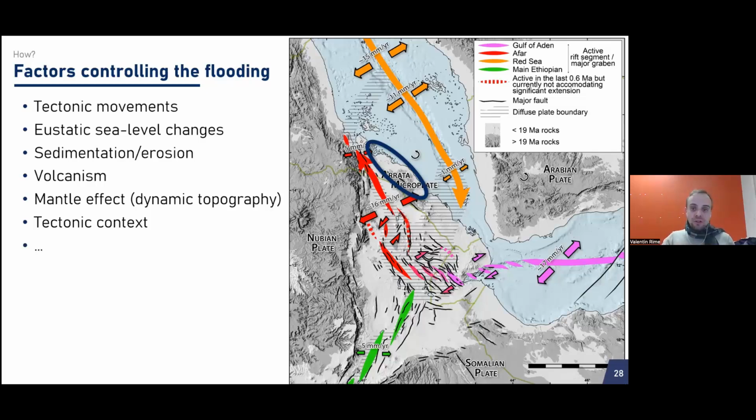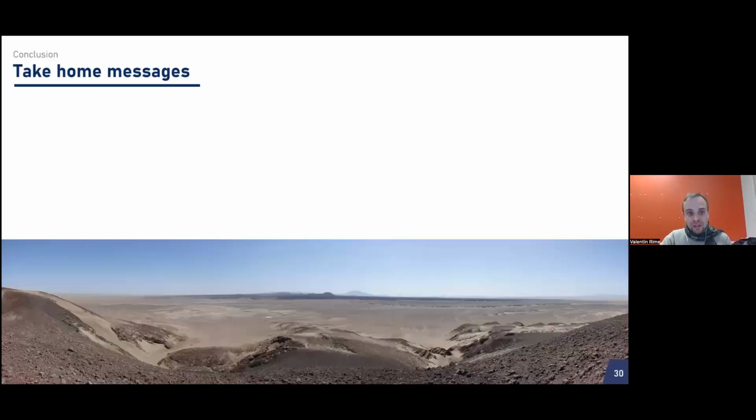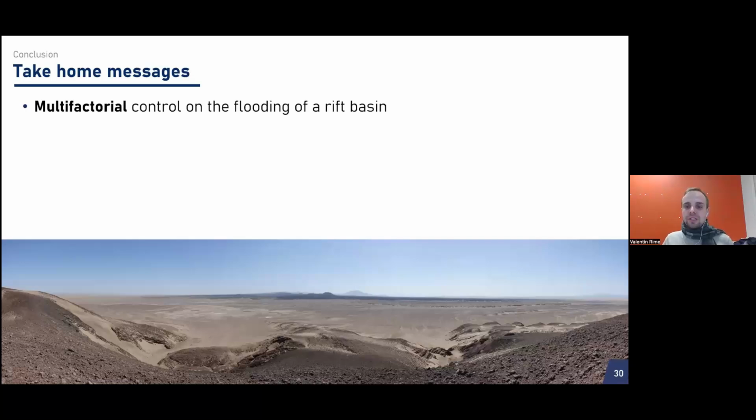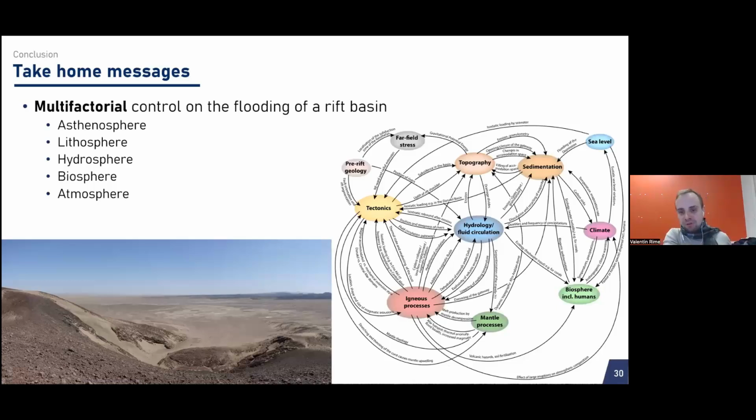There are also other factors that play a role, but I will stop here and come to the conclusion and have some take-home messages. For me, one important lesson from the Danakil depression is that there are multiple factors controlling the flooding of a rift basin, ranging from mantle processes to climate, biosphere, erosion, and so on.